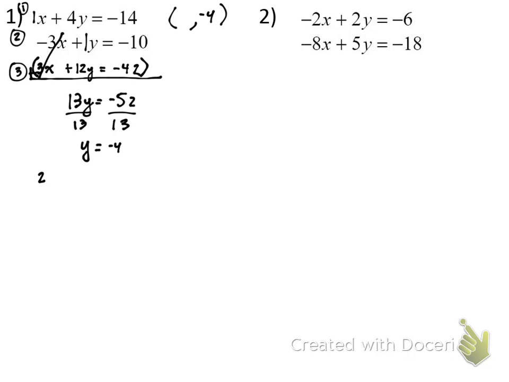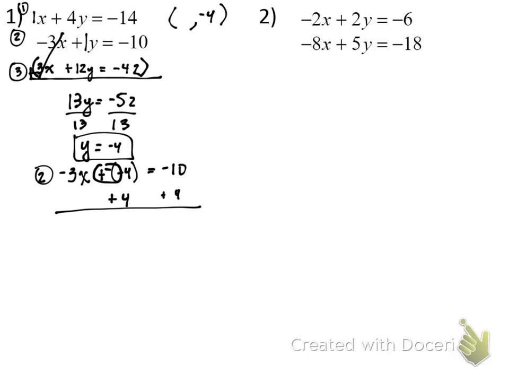Then I'm going to plug it back into any of my equations, really. I'm going to pick equation 2 and rewrite it: negative 3x, and instead of y, I'm going to put a negative 4. I know a positive and a negative is really like saying a negative. So this is like saying negative 3x minus 4 is equal to negative 10. The opposite of negative 4 is we add 4 on both sides.